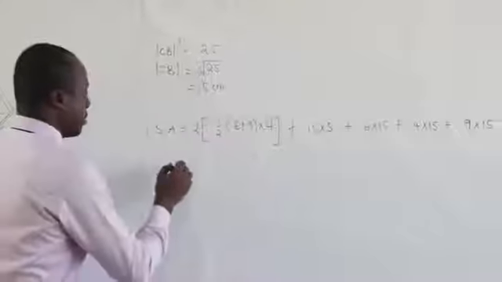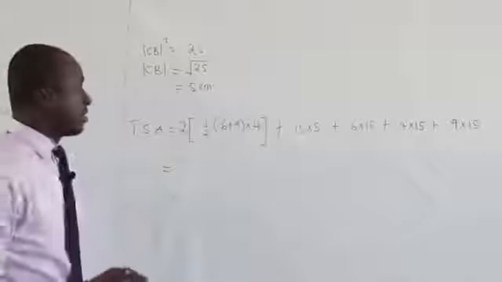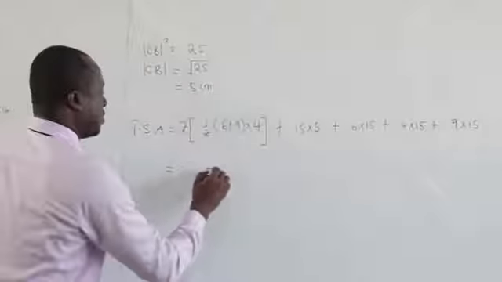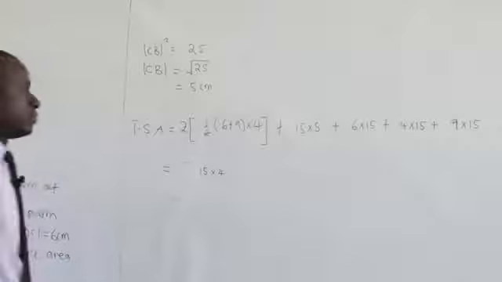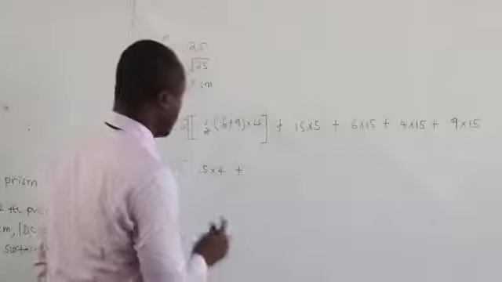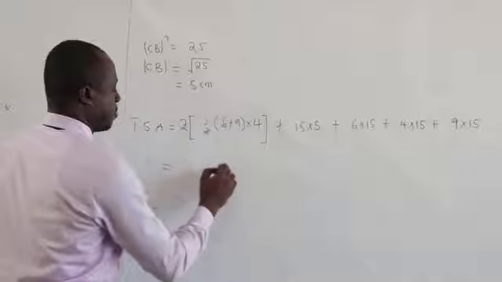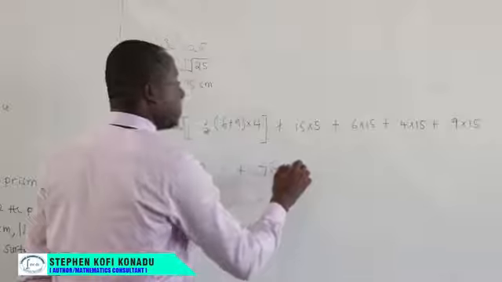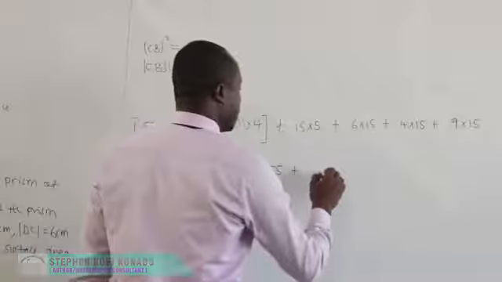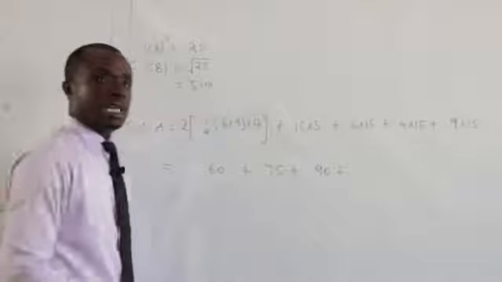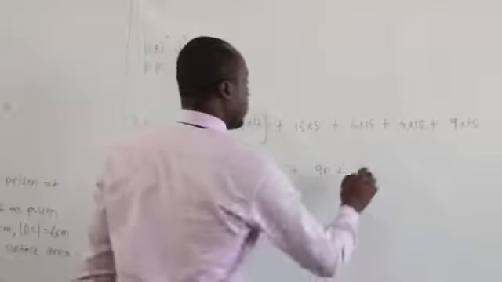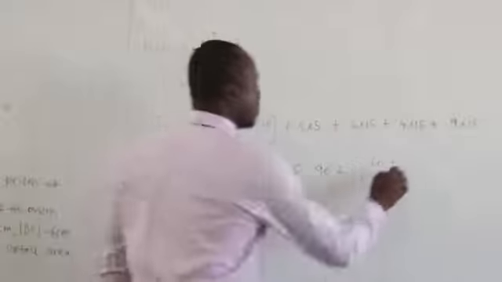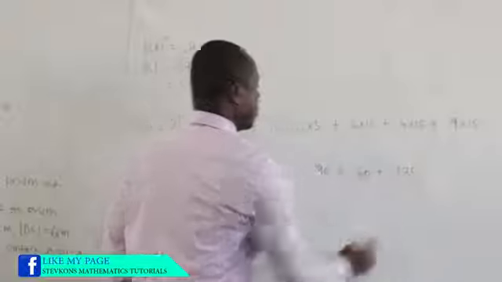Now, working out this, let's see, bracket first. This can cancel out this. Now what is 6 plus 9? That is 15 times 4 plus, now 15 times 4, that is 60. 15 times 5, this is 75. 6 times 15, this will give us 90. 4 times 15, and this will give us 60. 9 times 15, this will give us 135.